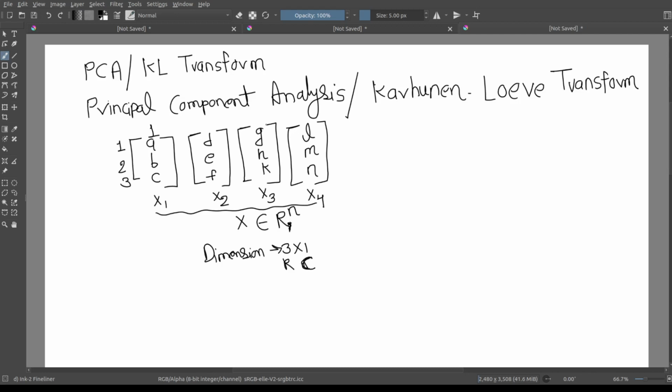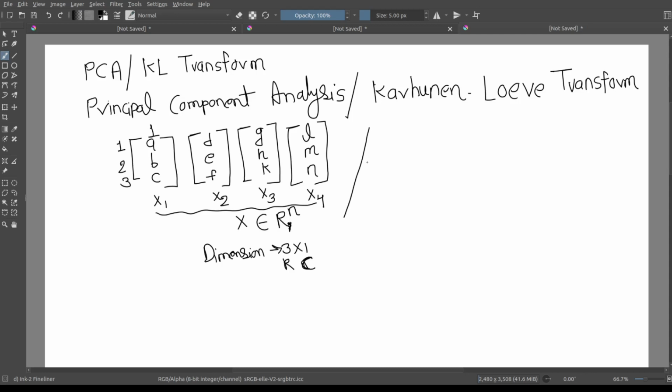If you apply this transform, principal component analysis, to these vectors, we can reduce the dimension of these features. I say features because in AI we generally deal with feature vectors, but you can say vectors also, there is no issue.